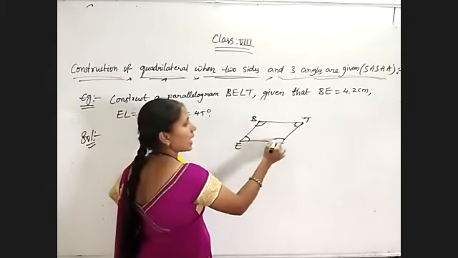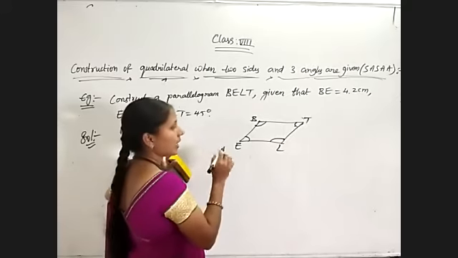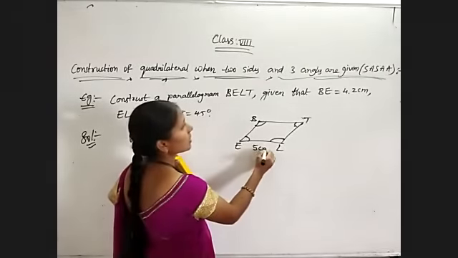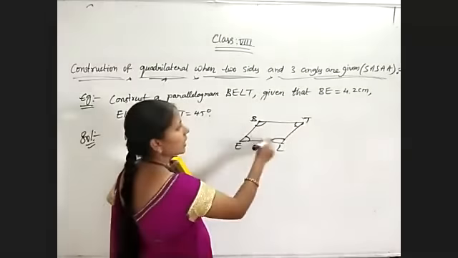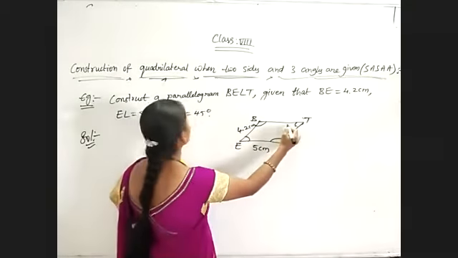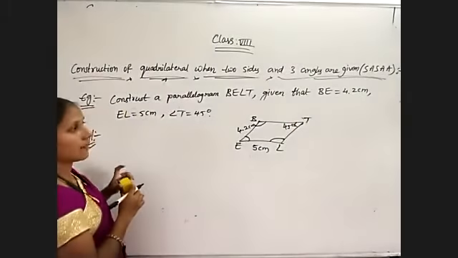Angle B and angle L are both equal. Opposite angles are equal. Next, EL they have given as 5 centimeters, BE they have given as 4.2 centimeters, and angle T is given as 45 degrees. Those three measurements are given.